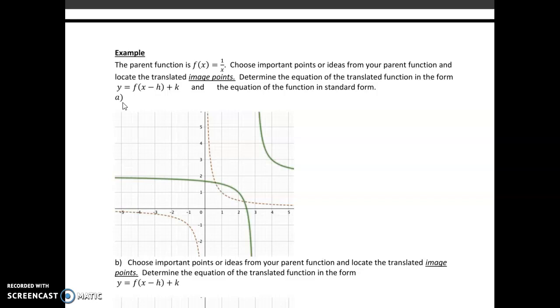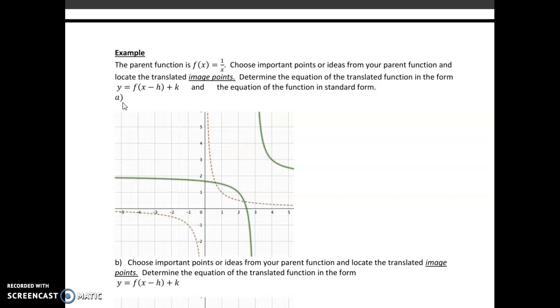So the parent function, for example, the parent function f of x is equal to 1 over x squared. Now you may recall that from last year, 1 over x squared is really this curved brown line. We're going to choose points or ideas from the parent function, and we are going to locate the translated image points.